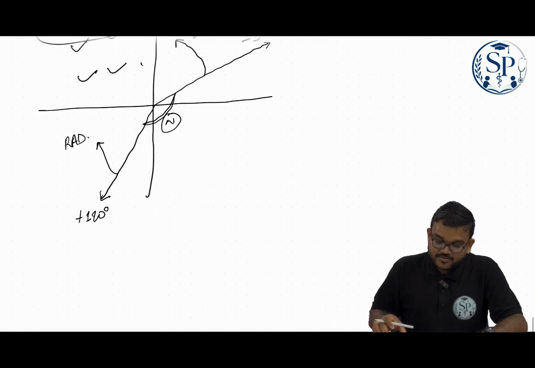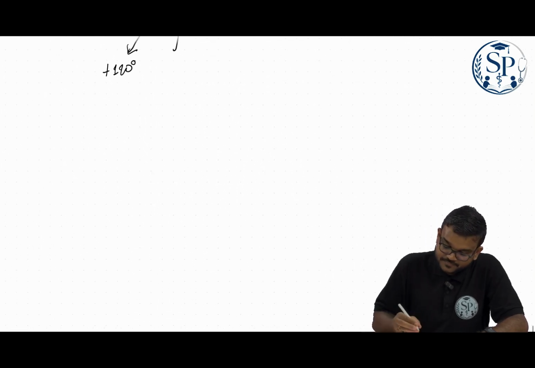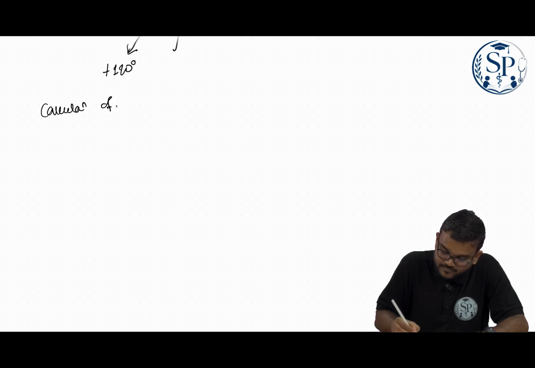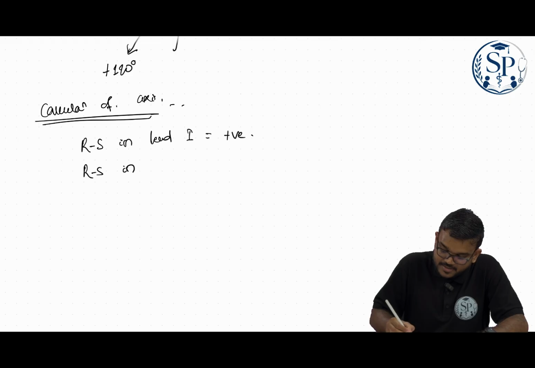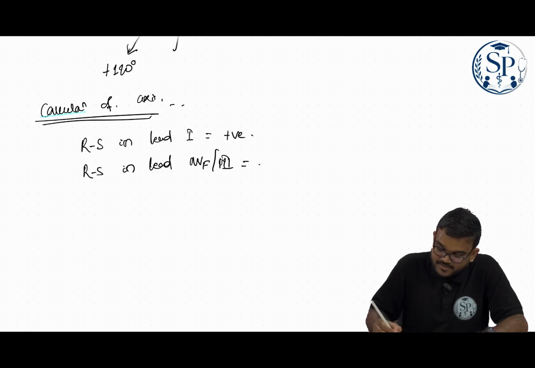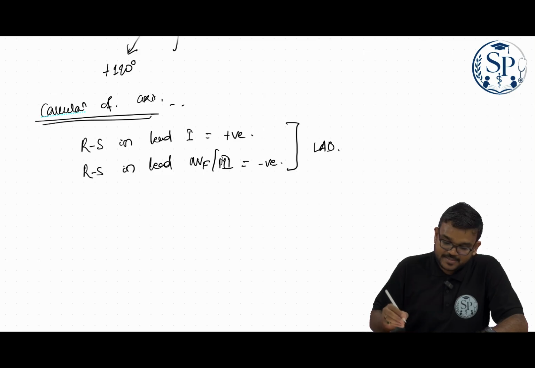Now, how will you calculate the axis from an ECG? Calculation of the axis. If the R minus S in lead 1 is positive and the R minus S in lead aVF or lead 3 is negative, then it is left axis deviation.